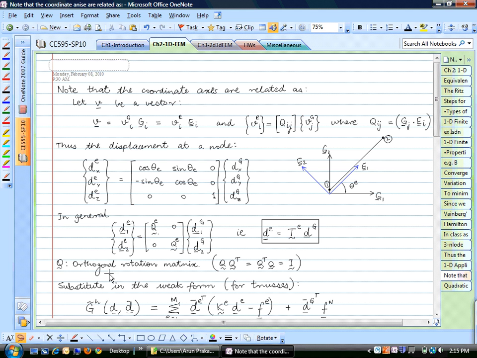So if you have an orthogonal matrix and you want to invert it, the inverse of that matrix is the transpose. Knowing this, you can express all the degrees of freedom that you had in the element coordinate system.